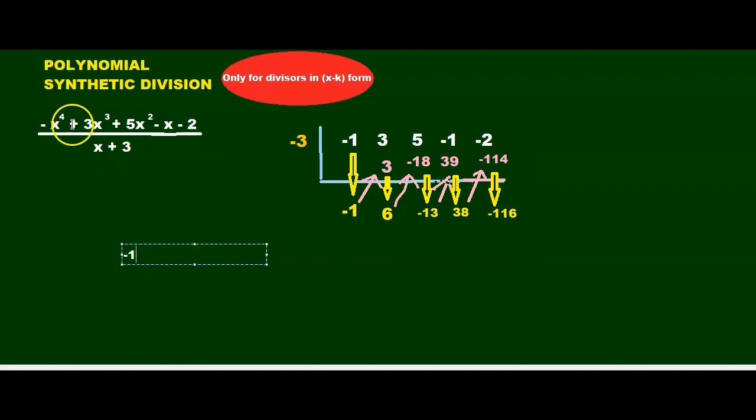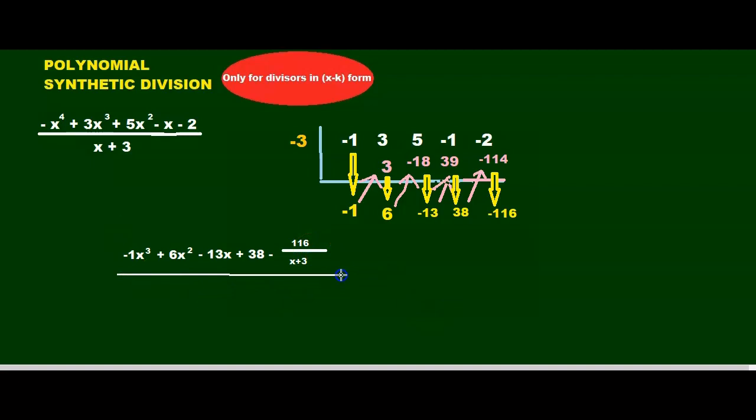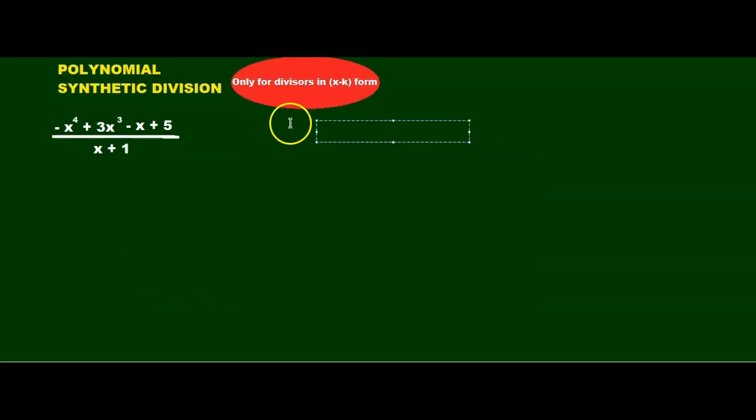We're going to reduce our x to the 4 to x cubed plus 6x squared minus 13x plus 38 minus our 116 is the remainder, so I'm going to put 116 over our divisor, which is x plus 3. That's how we solve this problem.